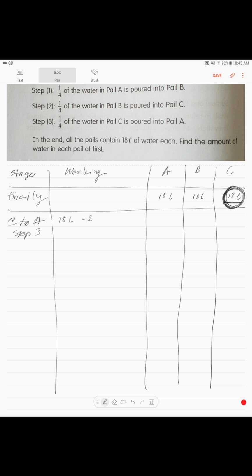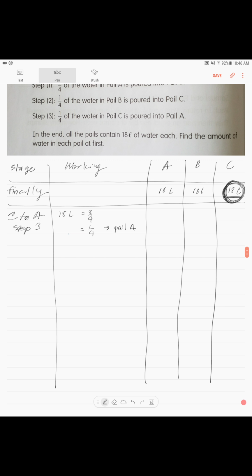So this is 3/4, and before that, 1/4 was moved to pail A. Well, if 18 liters is 3/4, how much is 1/4? Obviously, 18 divided by 3, which is 6. So before that, it means 18 plus 6. Pail C had 24 liters.